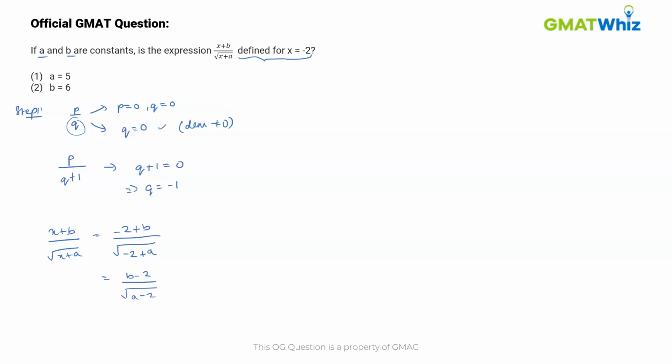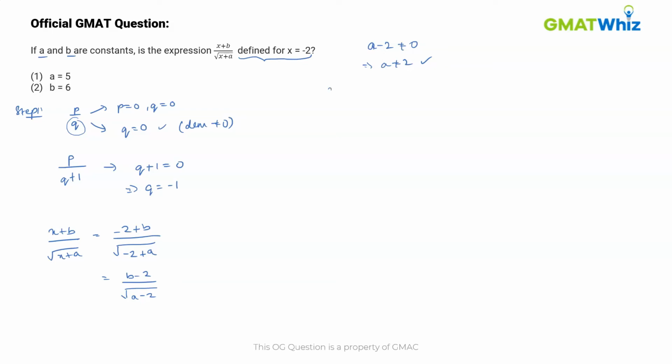Now using the same logic, we can see that the denominator should not be equal to 0 for the expression to be defined. That means that the value of a minus 2 should not be equal to 0, that is, a should not be equal to 2. So this is what we have to check. So the rephrased question would be to check if the value of a is not equal to 2.